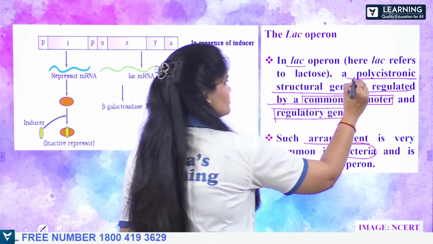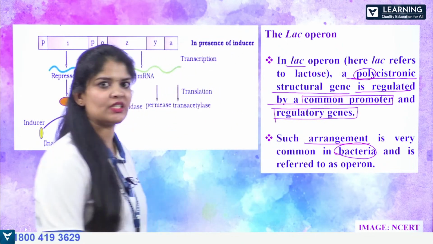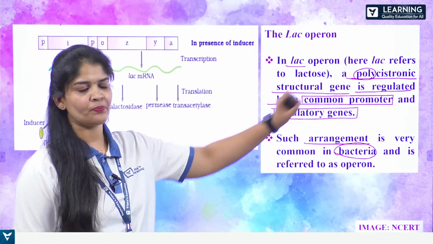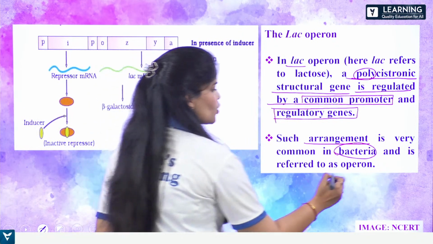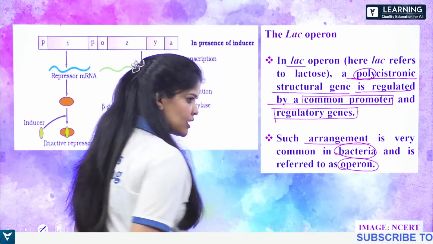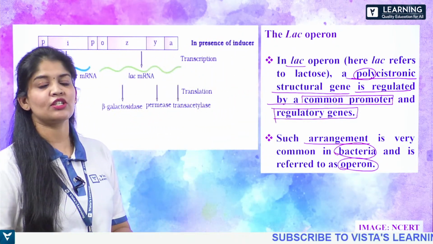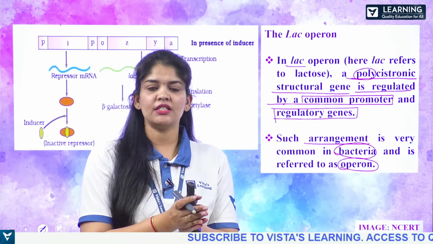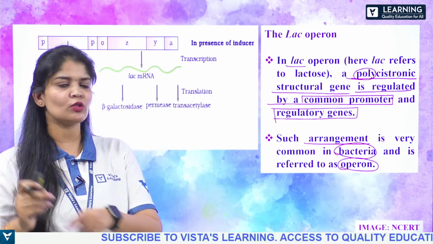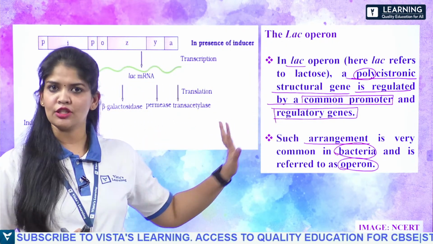Poly means many; many proteins are produced by the expression of such genes, and this is referred to as an operon. An operon is a cluster of genes whose expression is regulated by a single promoter and regulatory genes.